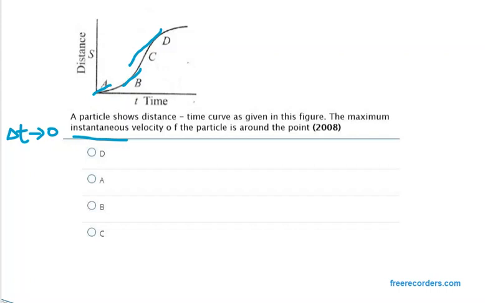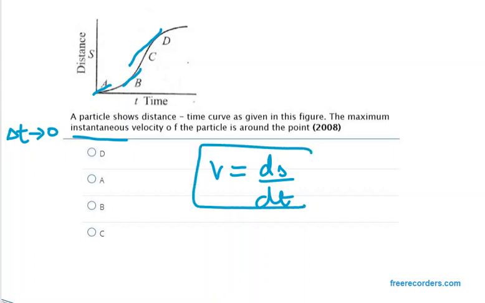So if the slope is the steepest, then we can say it has the maximum instantaneous velocity because it is changing very quickly with respect to the distance. So the point C has the maximum instantaneous velocity. So the marker is on the fourth one, the C part.